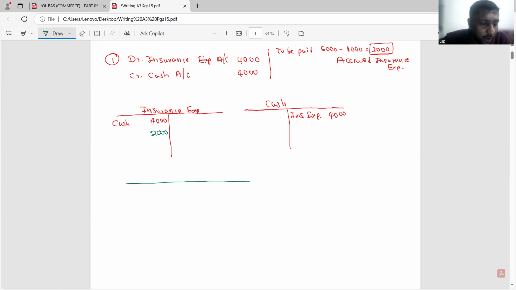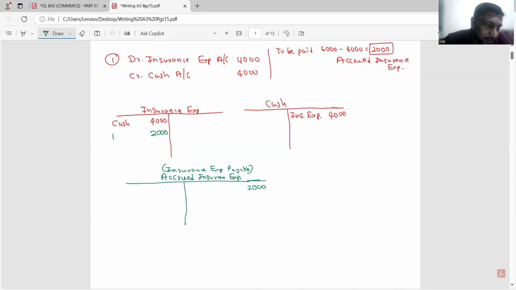Where are we going to credit it? We will call it the accrued insurance expense account, or insurance expense payable. This is a liability. You have to pay it.